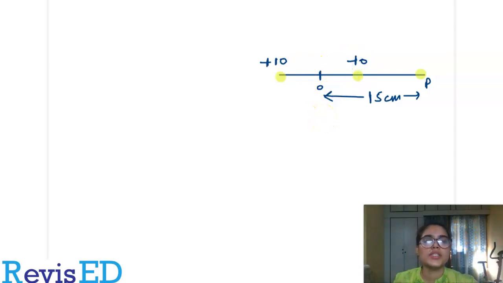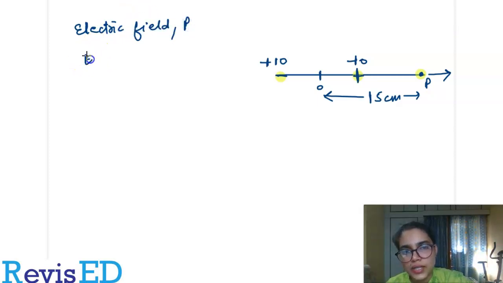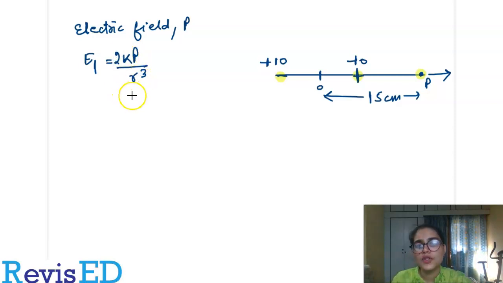So at point P, the electric field is going to be outwards. Let's say the electric field at point P is E1, which is given by 2kp upon r cube. Why? Because we have derived the formula for the axial dipole and it was this.